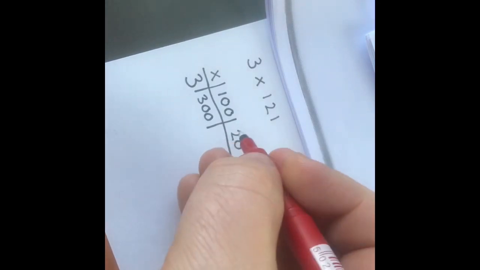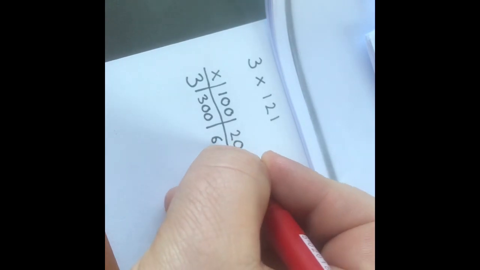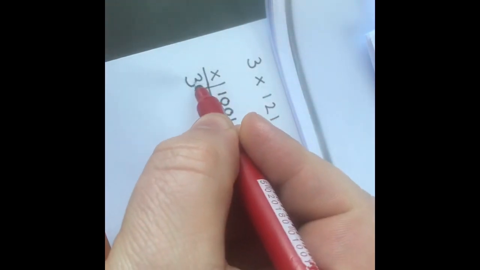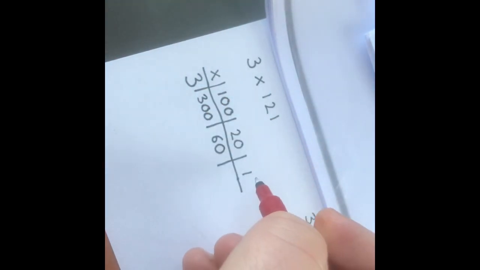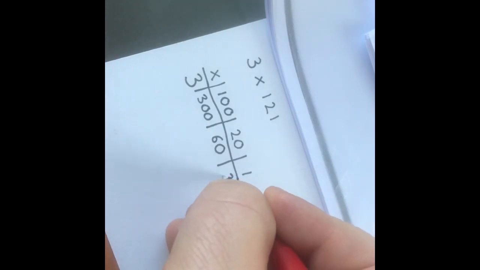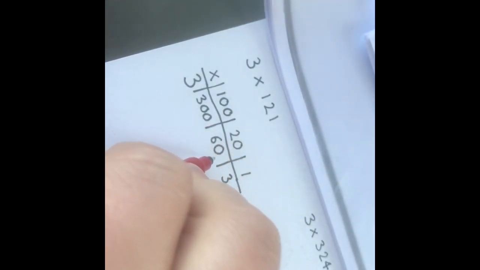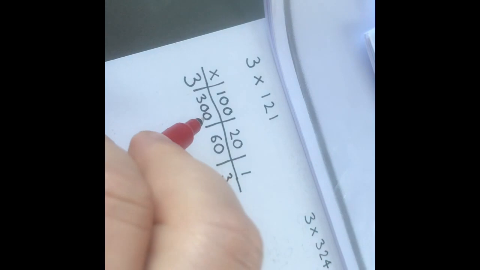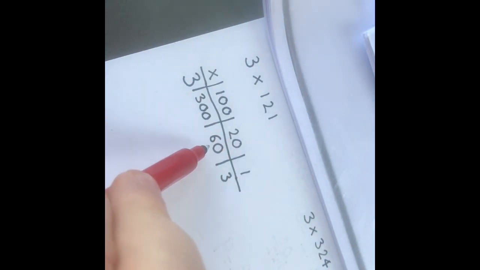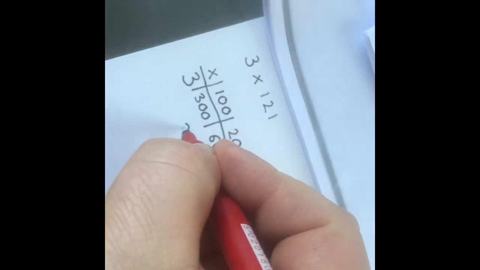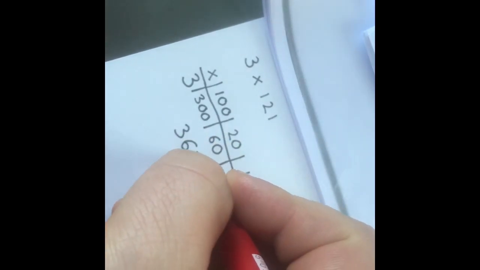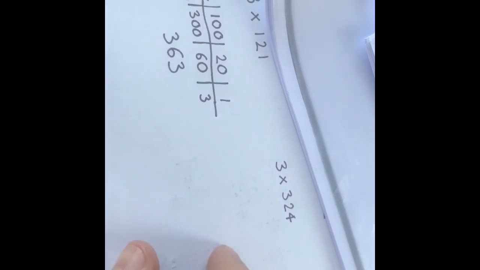Put on a 0, it's 60. What's 3 times 1? Or 1 times 3? It's 3. And then you add all those digits together. So if you say it loudly, you can do it automatically. 363. The answer for 3 times 121 is 363.